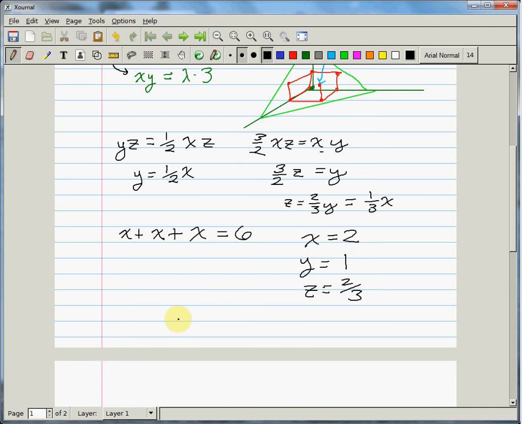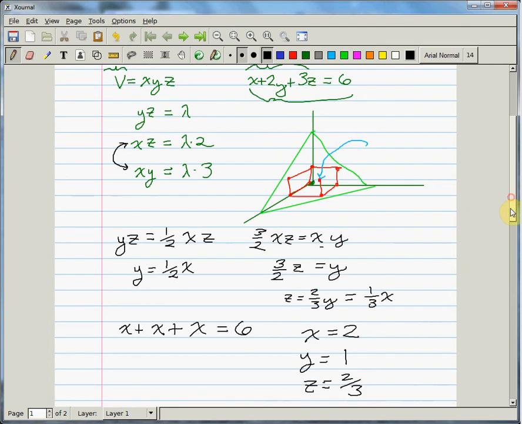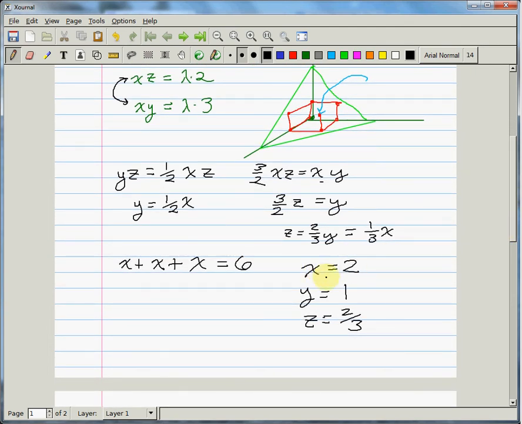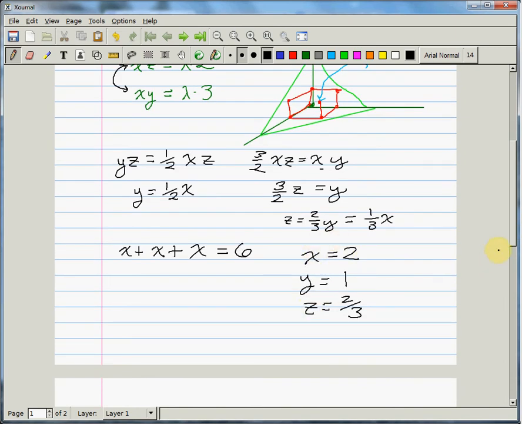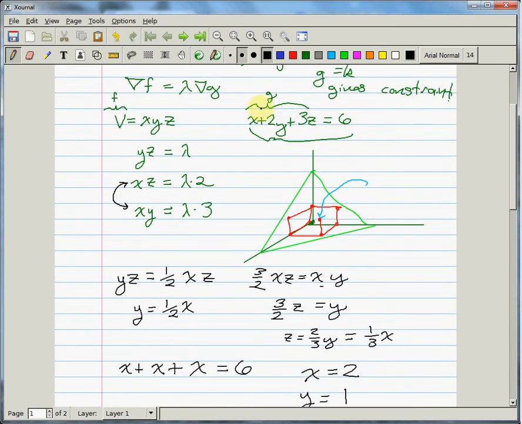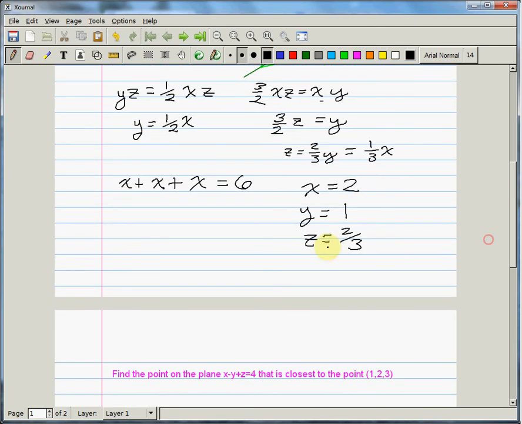And so we can see that the optimal volume we can achieve for the box comes from the case in which x is 2, y is 1, and z is 2/3, and you can verify that these values satisfy this equation, so that means that they actually are on the plane, which is a check on our work. And if you multiply them together, you get the maximum possible volume is 4/3.